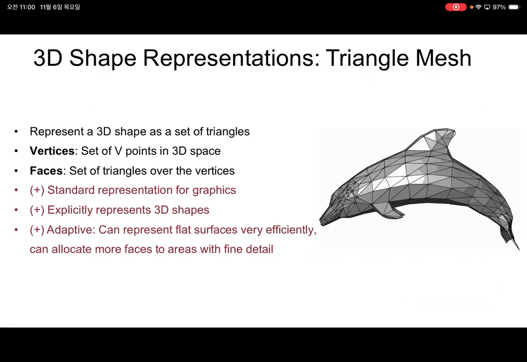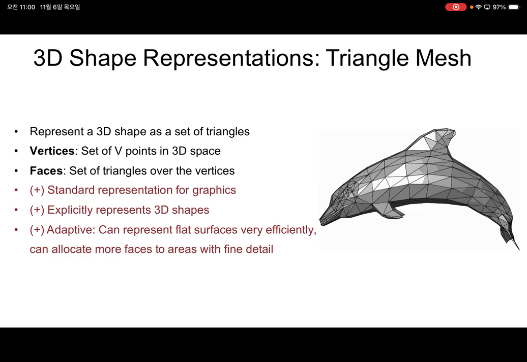Another good point is adaptivity. You can represent flat surfaces very efficiently, and can allocate more faces to areas with fine details. For example, let's say we have this huge desk, and I have an iPad here. The front part of the iPad just needs two triangles, right?